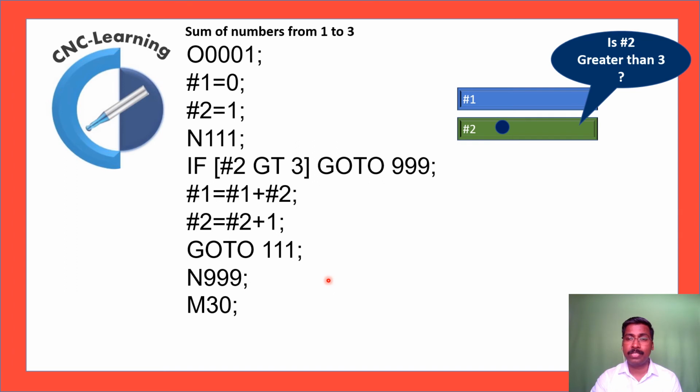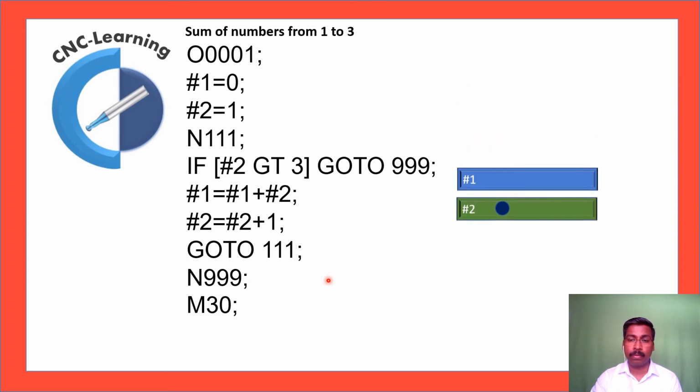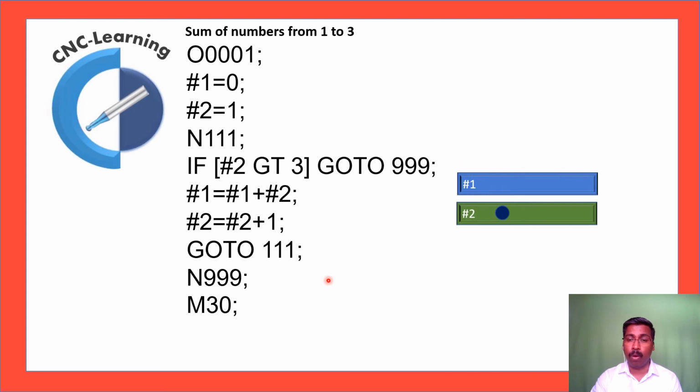So now it is being checked. Is hash 2 greater than 3? No. Now hash 1 will get incremented by 1, hash 2 by 1. So now the value of hash 1 is 1, hash 2 is 2.